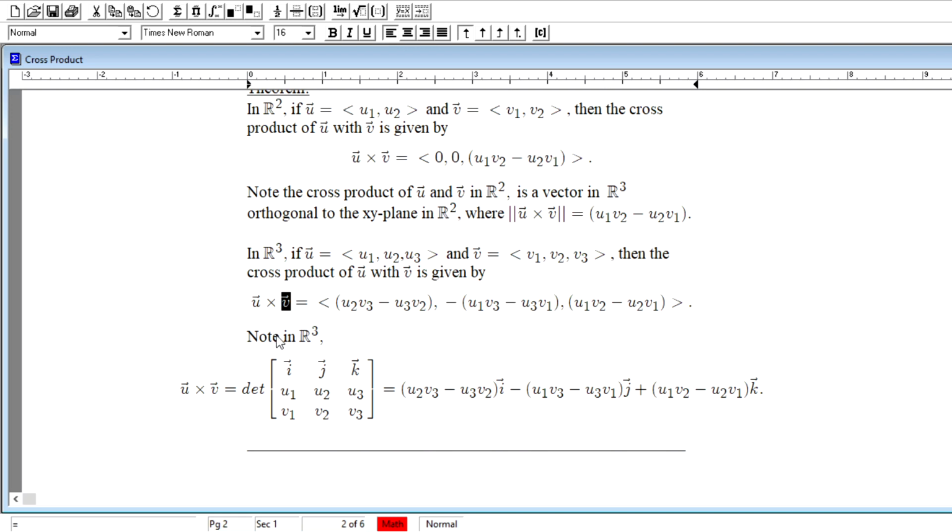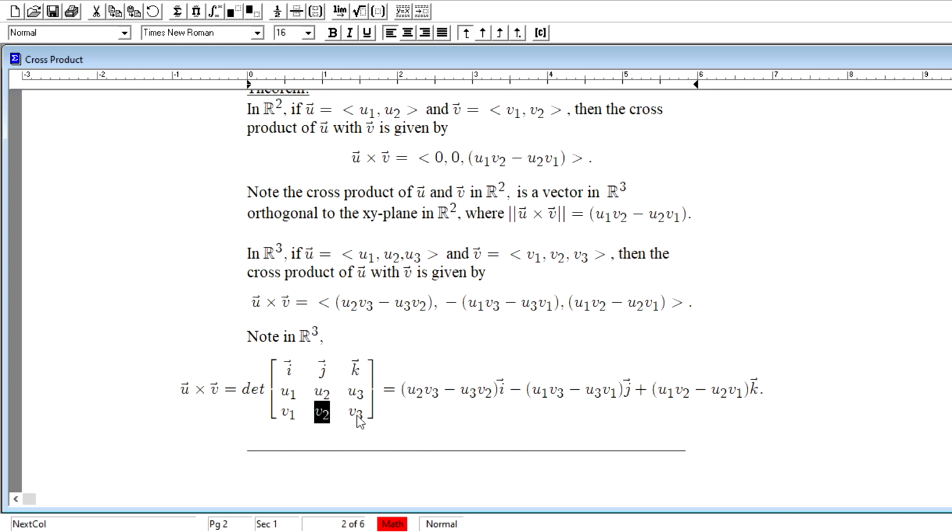If you've done any determinant calculations, the first component involving the direction of i is going to involve the components u2, u3, v2, and v3, where you are going to form u2 times v3 minus u3 times v2. There's very much a crossing calculation there.